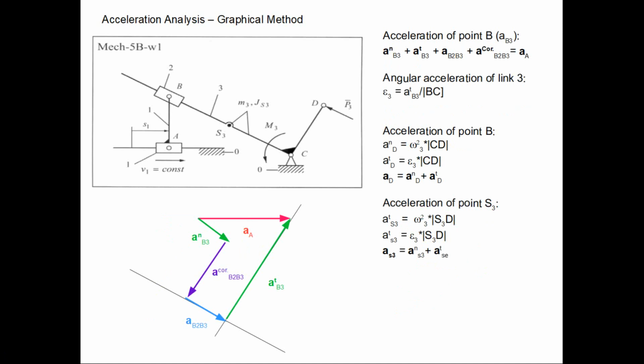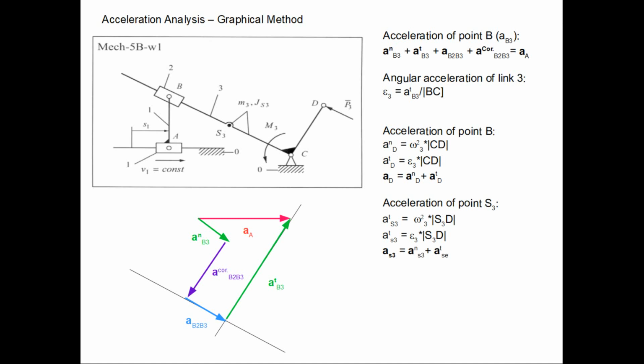As before, the real goal was to find the acceleration of point D. So first of all we have to compute the angular acceleration. Angular acceleration is given to us as AB3 tangential divided by BC, where BC is the distance between point B and C. And having known the angular acceleration, we need to compute two components of the acceleration of point D. First is the normal component, and the second is the tangential component.